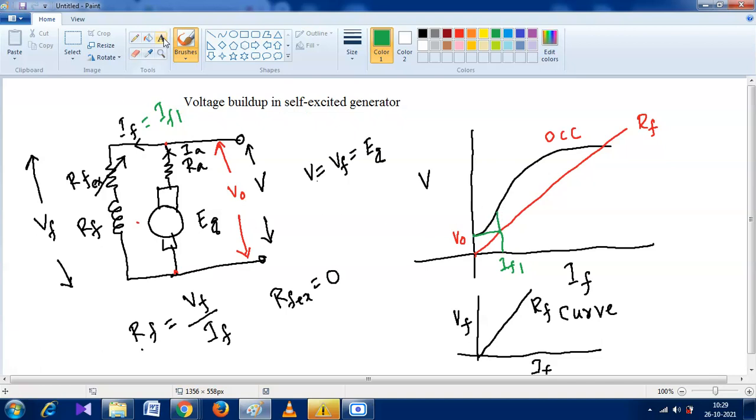Now the voltage is increasing. Suppose the value of voltage here is V1. Due to this voltage, the value of field current should be this much.